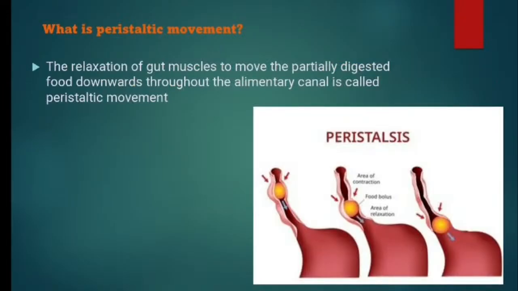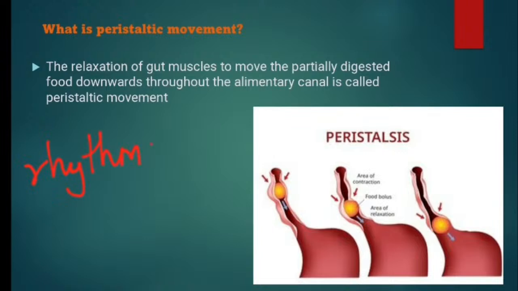What is peristaltic movement? So when the food enters into the esophagus, it has to slowly move down towards the stomach, and the food is pushed with the help of certain rhythmic contractions.